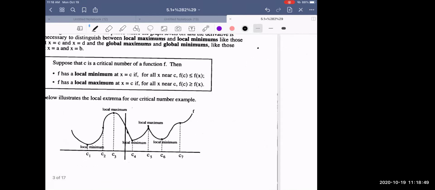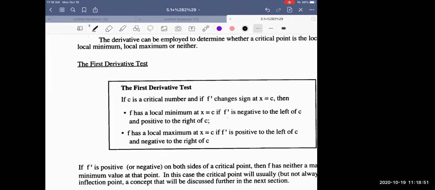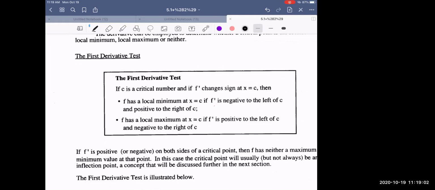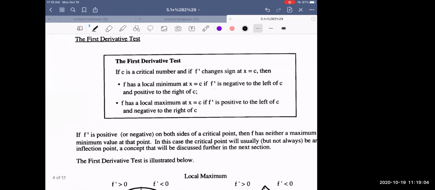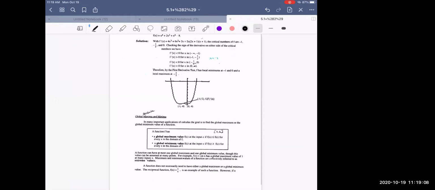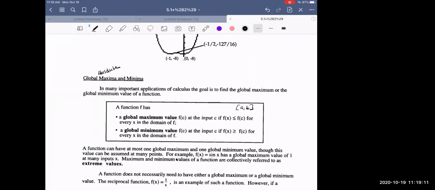You learned the first derivative test, which is simply taking the derivative, setting it equal to 0, finding the critical numbers, testing on either side of the critical numbers to determine whether the function has a relative max or min. And if you're given endpoints, using that same idea along with the endpoints of the function to find the absolute extrema, correct? We're all cool with all of those things?